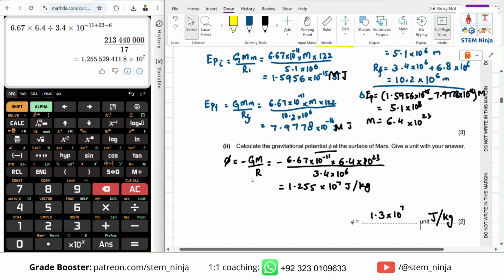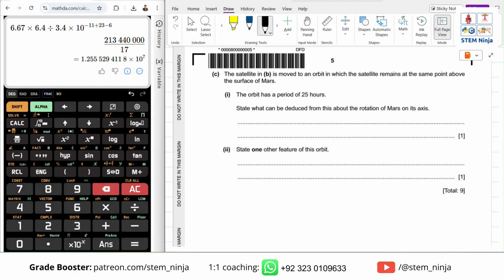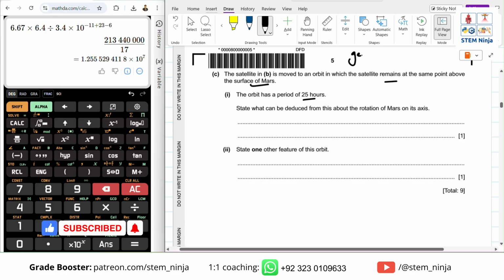Okay, all right. Let's see further. The satellite in B is moved to an orbit in which the satellite remains at the same point above the surface of Mars. We're talking about the geostationary orbit. The orbit has a period of 25 hours. State what can be deduced from this about the rotation of Mars on its axis. Now we know what it means.